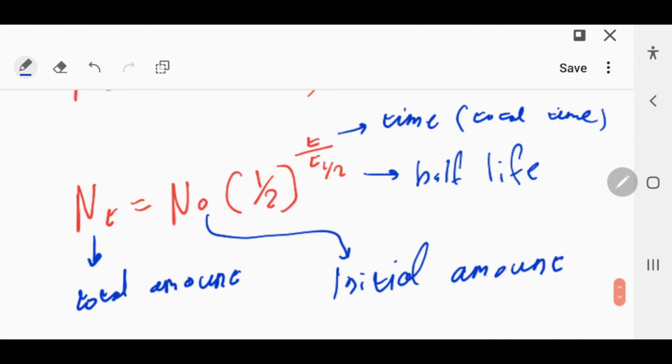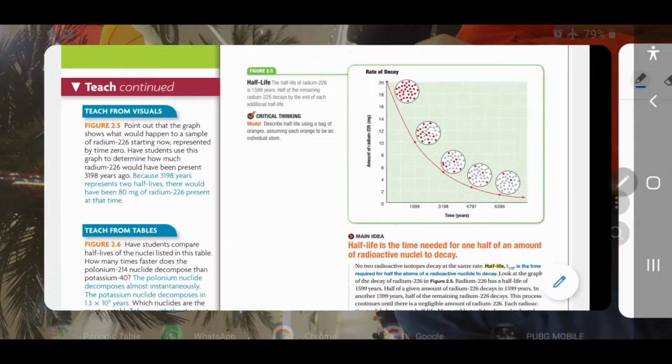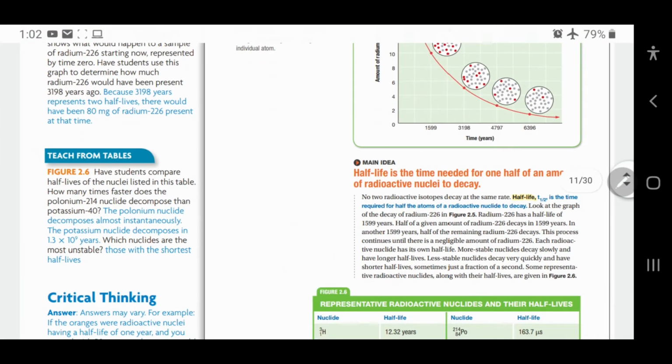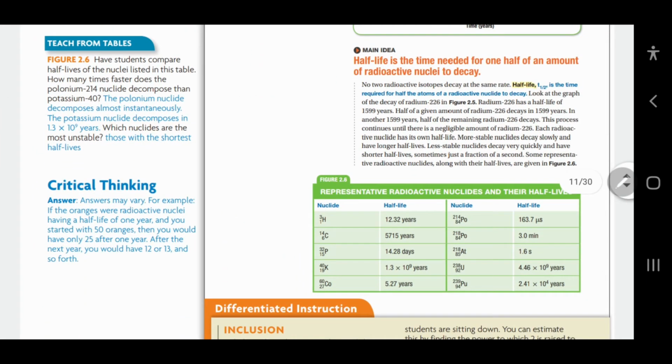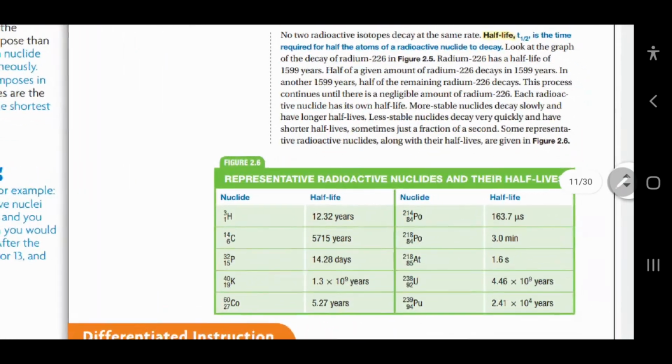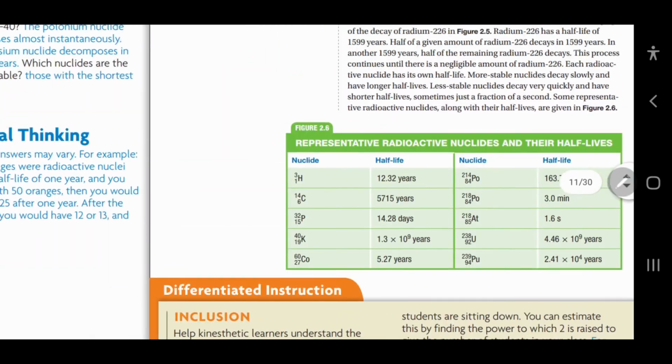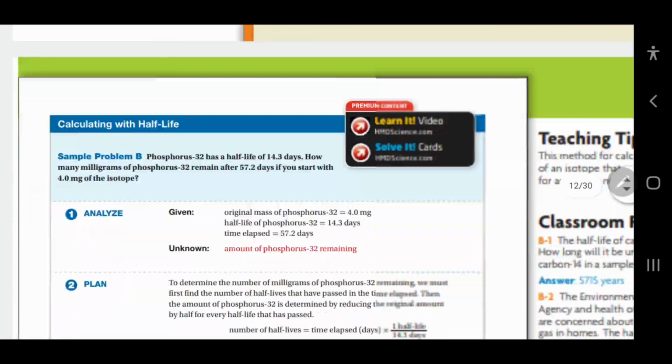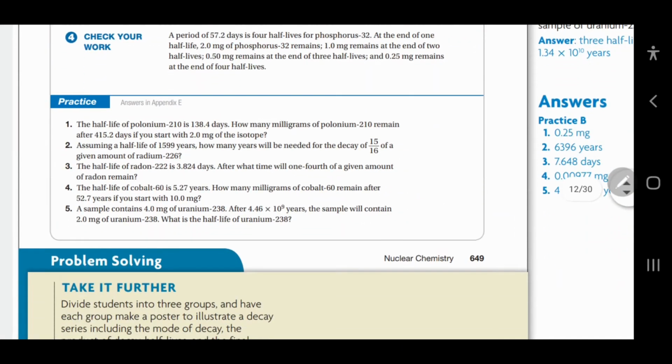And we see that half-life is the time needed for half of the initial quantity to decay or disappear, and it depends on the nature of the element. It could be fraction of seconds or thousands of years. And here we have the practice questions.